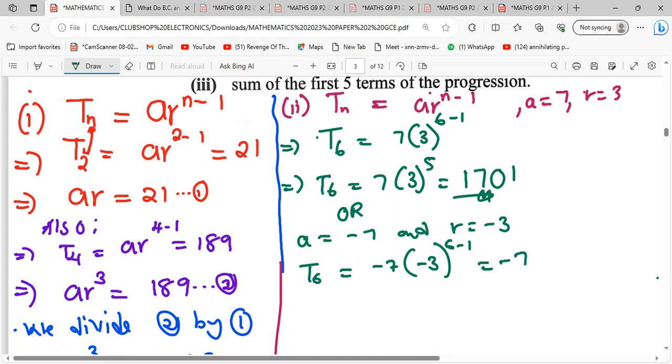So you have -7, open bracket, -3 to the power 5. Okay, so to get that, yeah, you still get the same value, right? I hope that is fine. You still get the same answer because of the negatives.